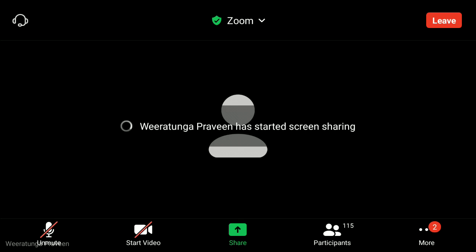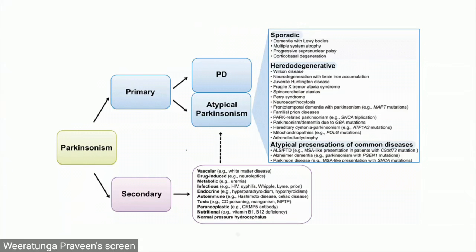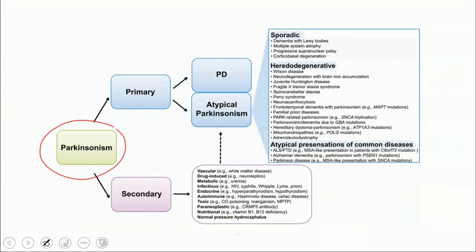Okay, right. Now, what we're going to do is talk about Parkinsonism now. Parkinsonism is a collection of symptoms and signs. The classical signs and symptoms would be tremor.